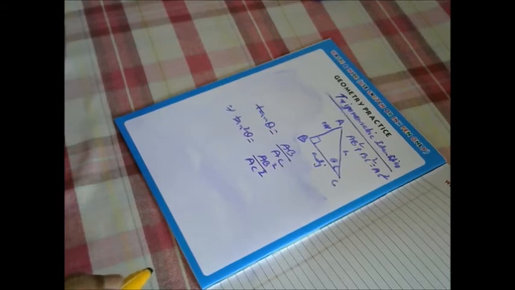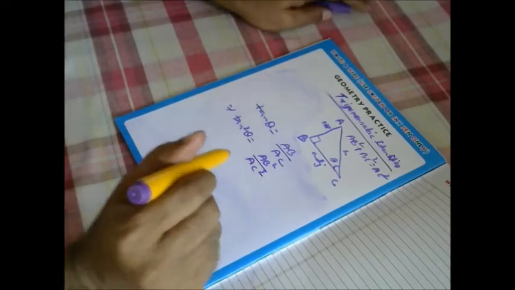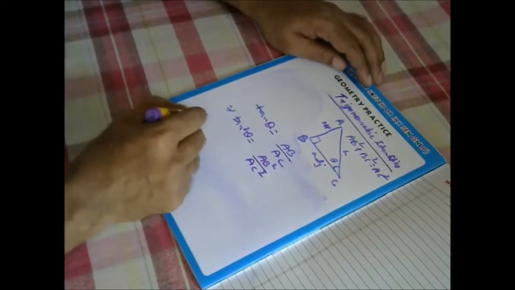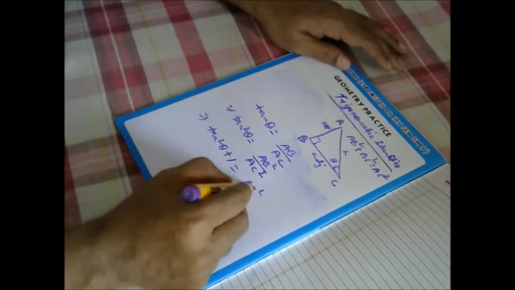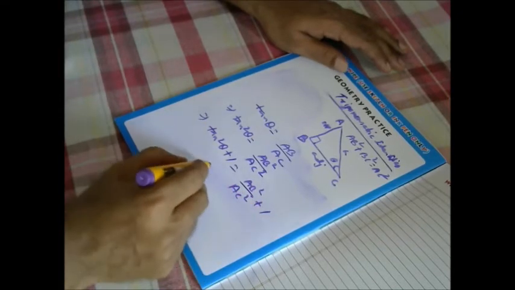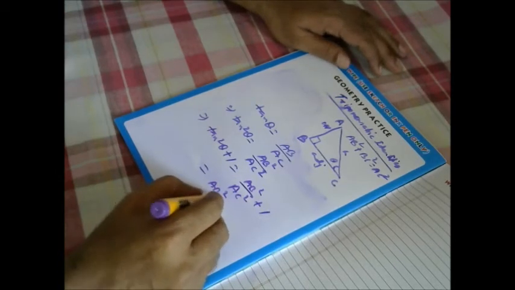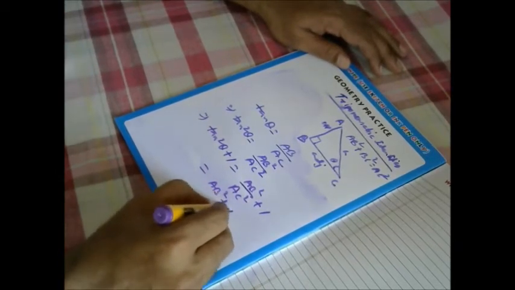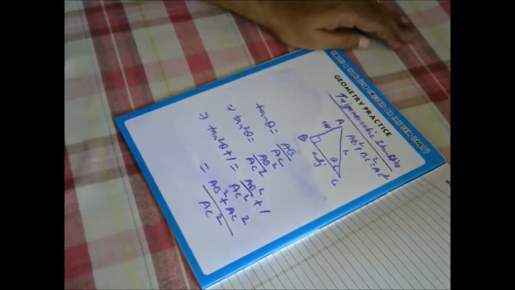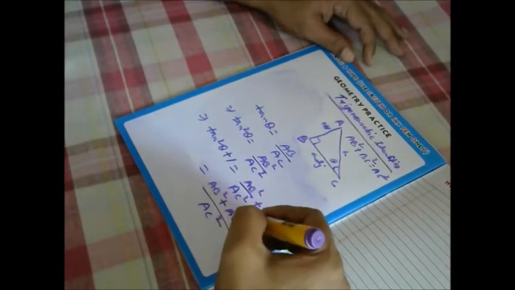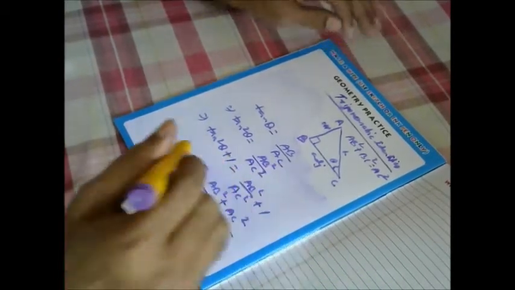So tan square theta plus 1 is equal to AB square by AC square plus 1, which gives AB square plus AC square divided by AC square.